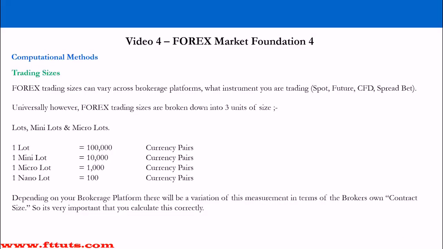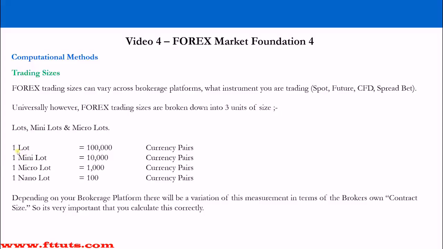So what do we mean when we are talking about the sizes of currency pairs when we reference 100,000, 10,000, 1,000, and 100? Well, these are basically standard sizes, and they're going to be applied across all trading platforms, and it's the language used to describe the size.